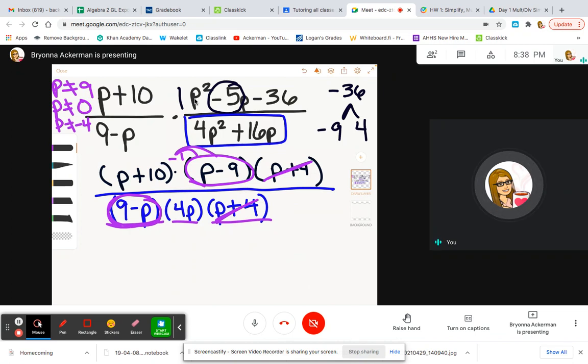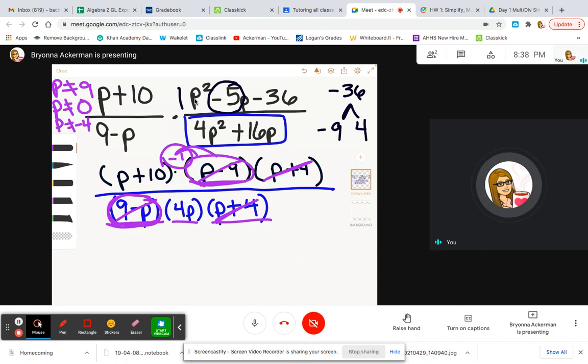So anytime you see this, it's kind of a weird little rule to remember. When both signs are complete opposites, these are going to turn into a -1. So instead of p plus 4 divided by p plus 4 equaling 1, we now have p minus 9 divided by 9 minus p.